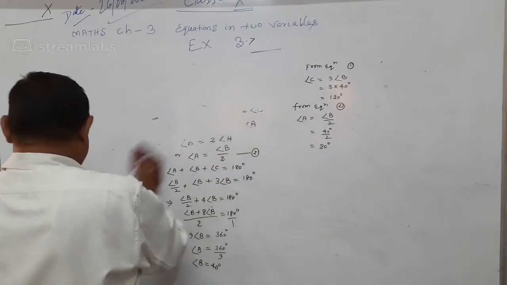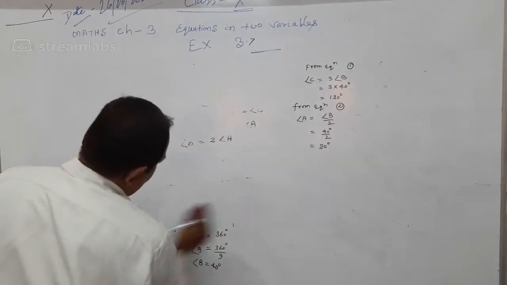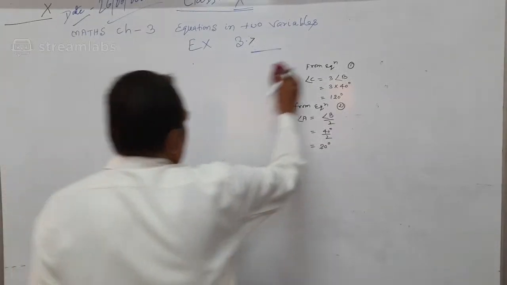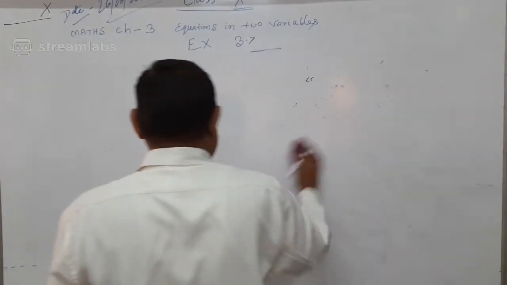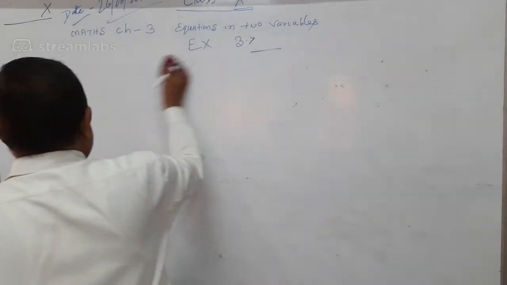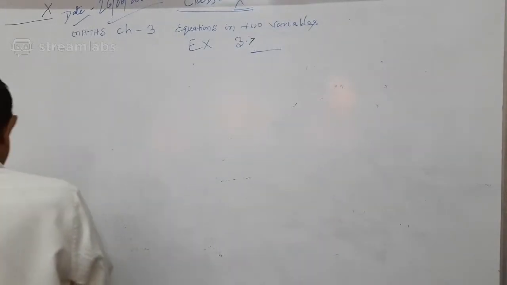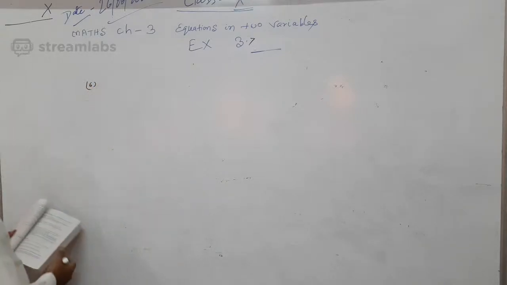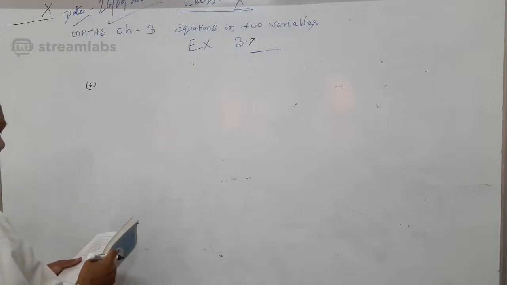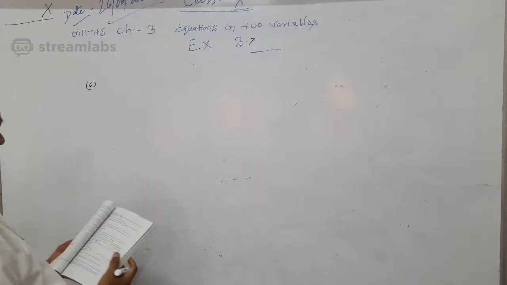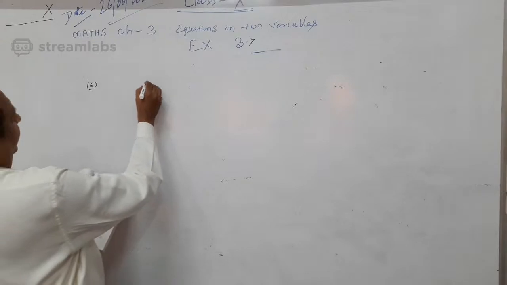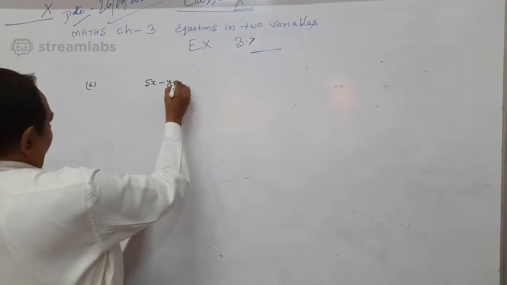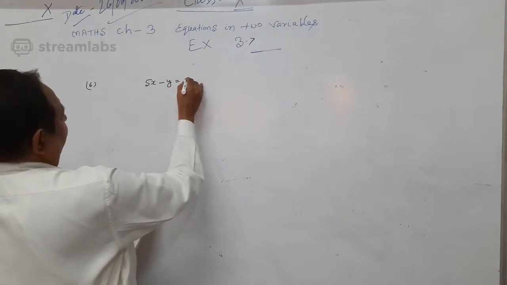Question number 6 of exercise 3.7. Draw the graph of the equation 5x minus y is equal to 5.